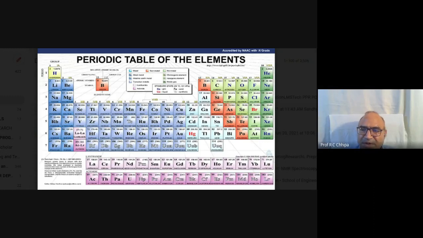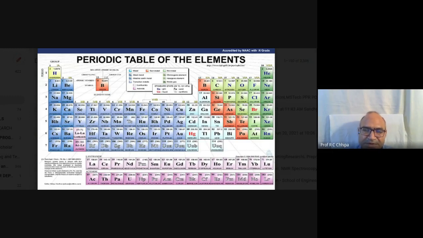So the electrons concept: electrons are negatively charged particles, and all modern technology relates with the electrons. Because of the electron's relevance, all those technologies are there.